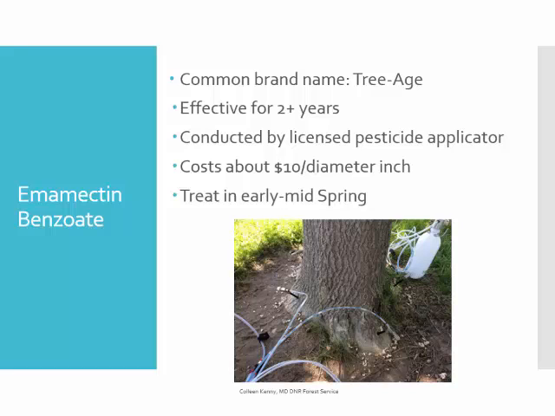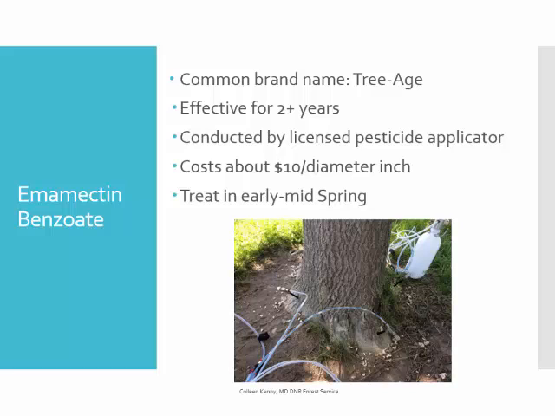The common brand name for that is TREE-äge. The treatments are effective for about 2 to 3 years. The residual is actually 5 years. What people are thinking, starting in the Lake States where they've already been hit really hard with EAB, is that while the EAB population is high in an area, you'd need to treat every 2 to 3 years.